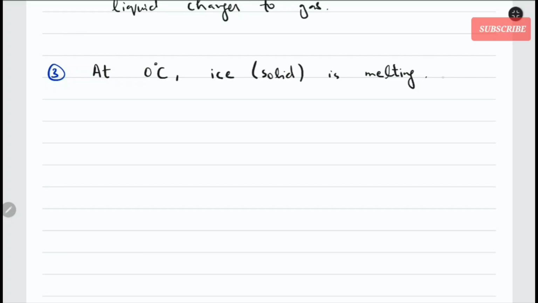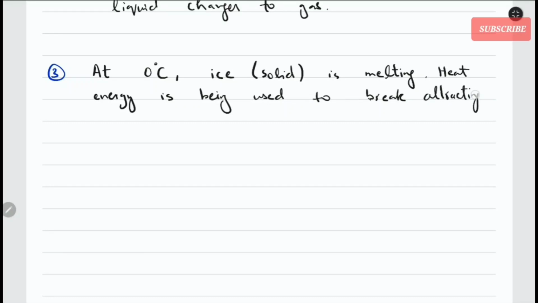Okay, the heat energy at this point is being used to break attractive forces between the water molecules, or whatever solid there is. Okay, forces between particles. In this case, these are water molecules, right? H2O molecules.